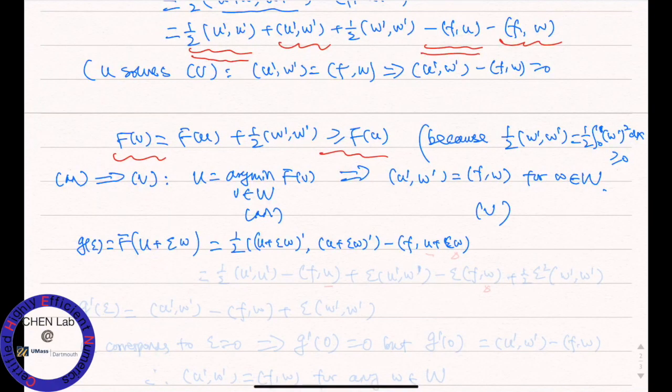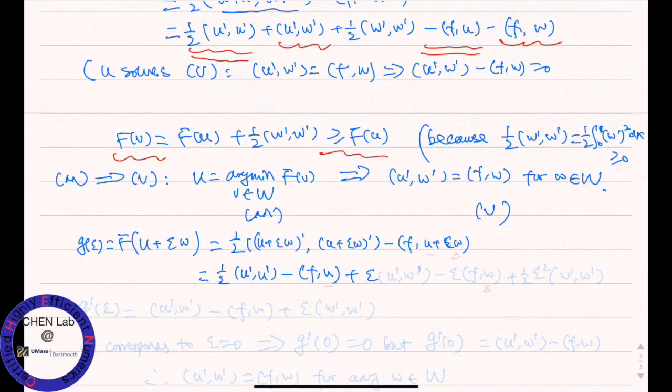If you expand it, you see that's 1/2 (u', u'), and then epsilon (w', u'). You have two of them, so for the 2 times 1/2 you get 1.